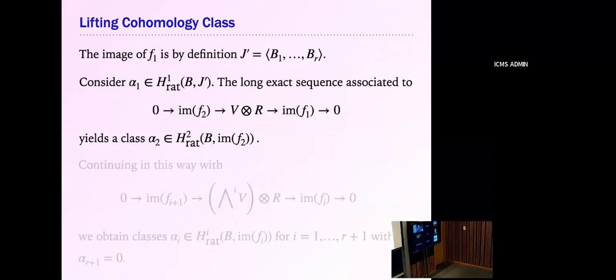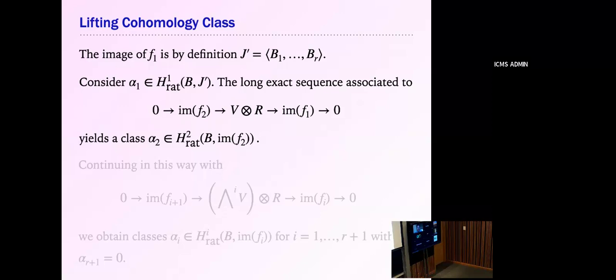The image of F1 is by definition J prime, and so we have a class in H1 of J prime. Now, if you have an exact sequence with many terms, you can split it into a bunch of short exact sequences. Splitting it at the first stage gives you that the image of F2 is the kernel of the map from V tensor R onto the image of F1.